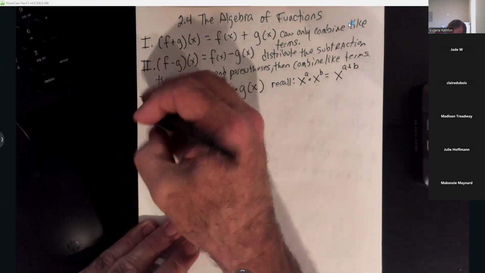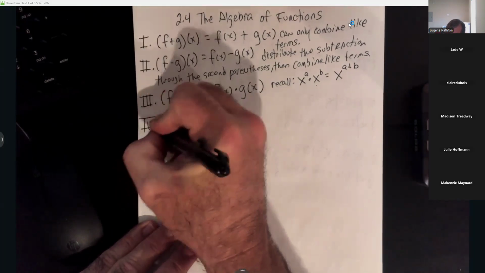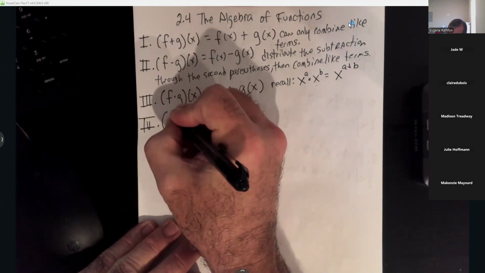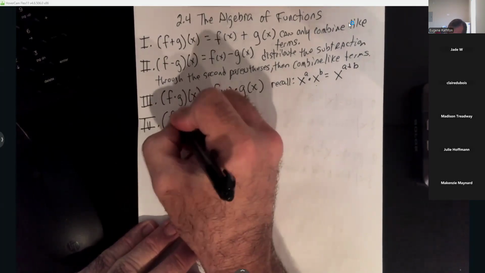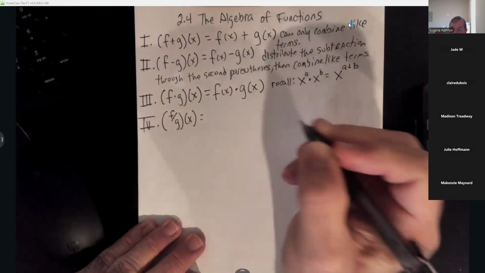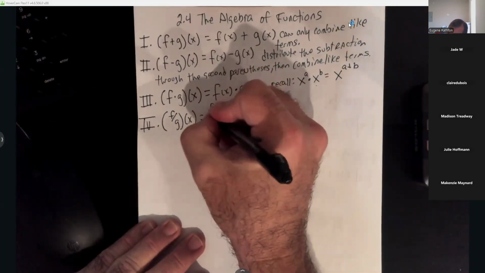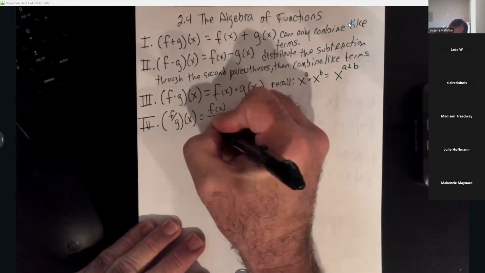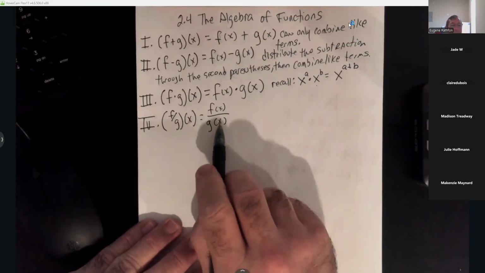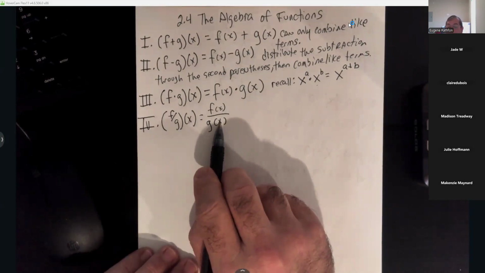So we got one more left, and it is division. f divided by g of x. That's going to equal my f of x over my g of x. Well, y'all, what can g of x not equal?